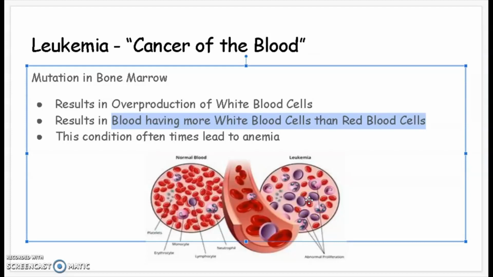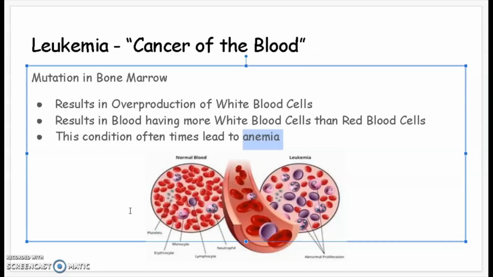And so some of you might wonder, what does this have to do with anemia? Well, if there's not enough red blood cells, is that not a type of anemia? A deficiency, a shortage of red blood cells. And so anemia is not just associated with genetic disorders. Other conditions can lead to anemia.